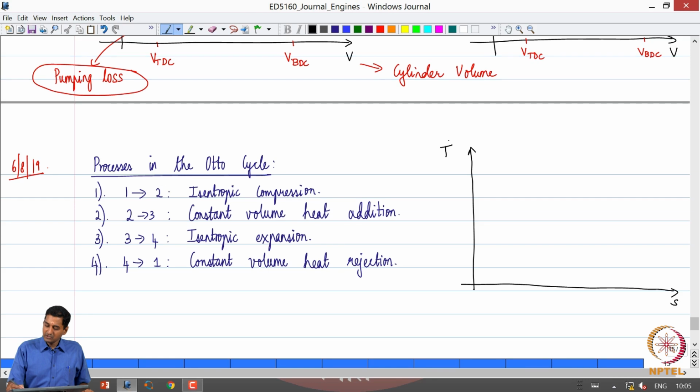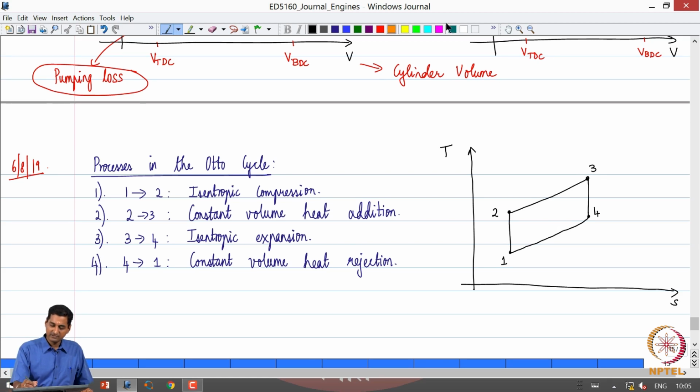If we were to map the same 4 processes, let us say we start with state 1. 1 to 2 will be isentropic compression, so in the TS plot it is going to go vertically upwards. 2 to 3 is constant volume heat addition, so it is going to go something like this. 3 to 4 is isentropic expansion, so that is going to go something like this, and then 4 to 1 is constant volume heat rejection.